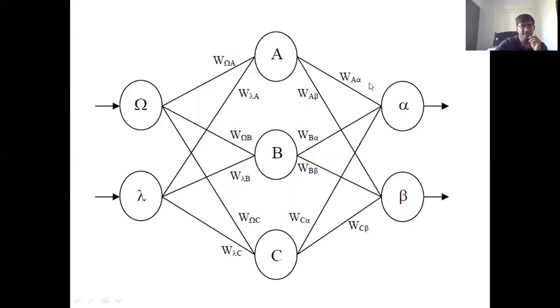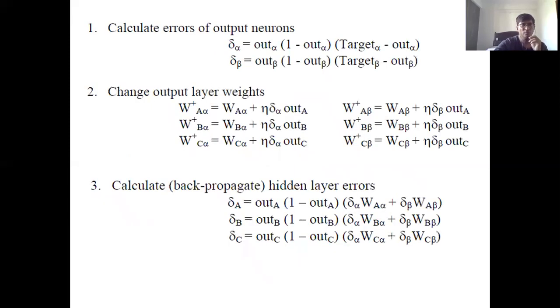In order to update WA alpha, the new weight would be equal to WA alpha, the old weight, plus the error at alpha times the output at A, and this term is basically the learning factor. This is a learning factor which we can take any value between 0 and 1. We'll discuss this afterwards.